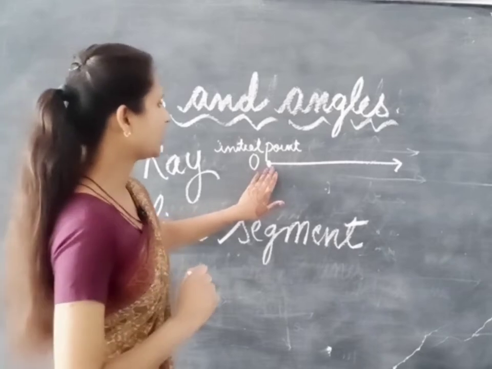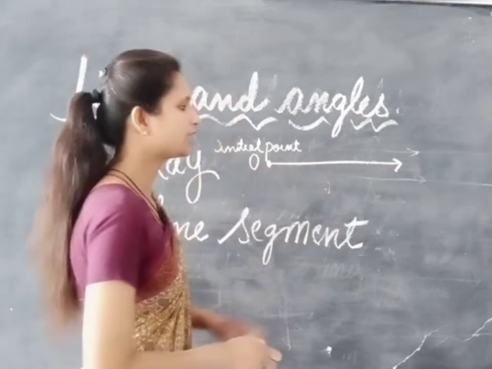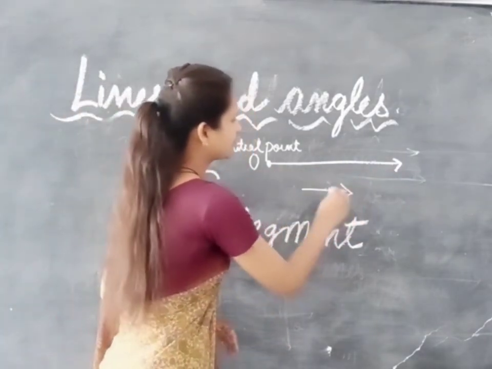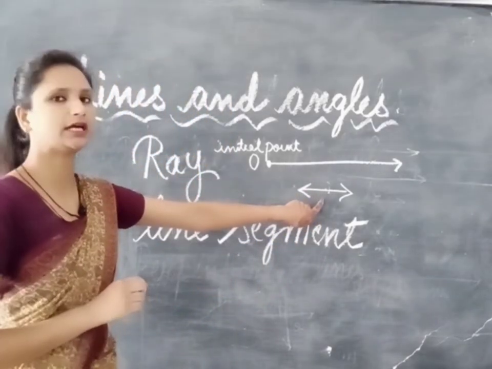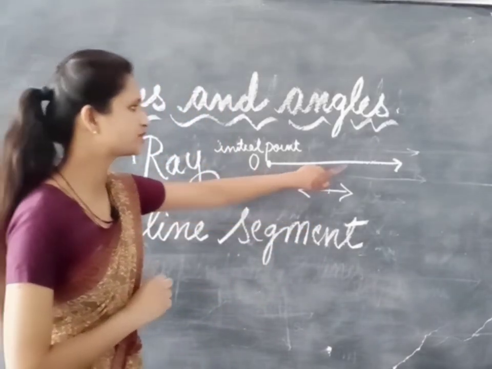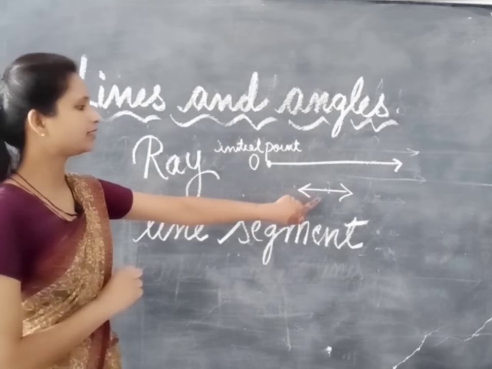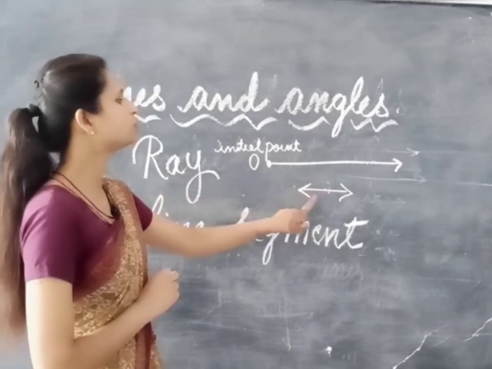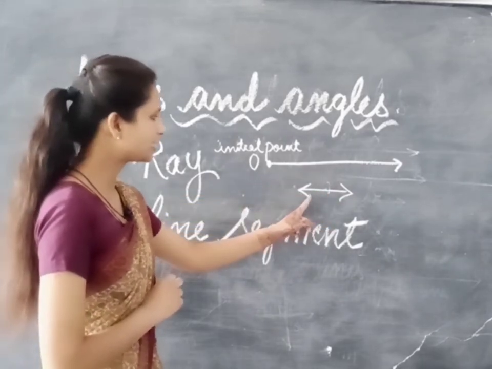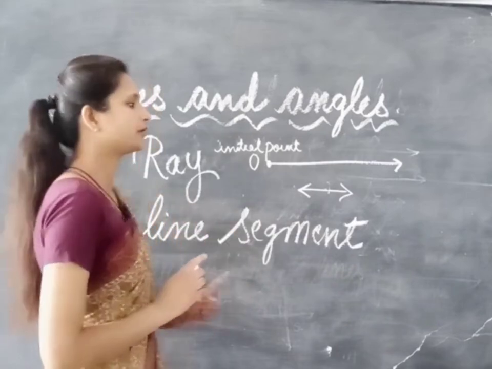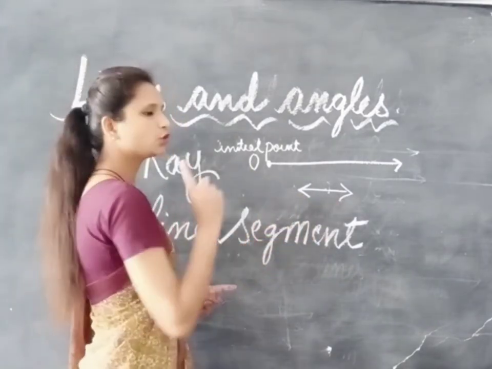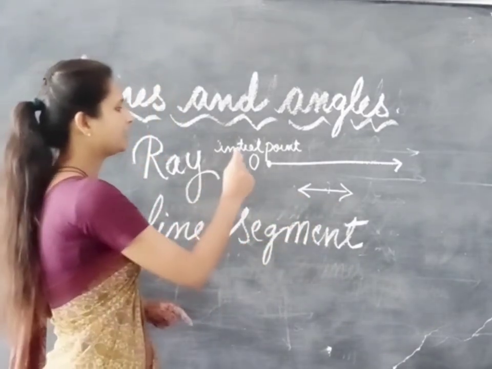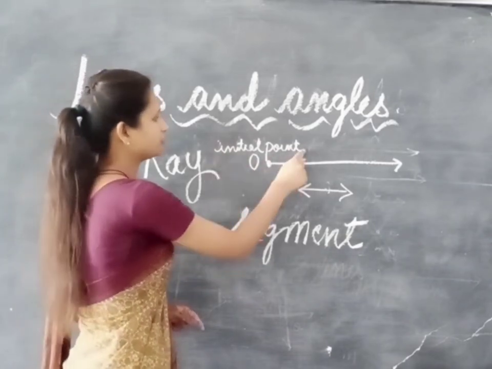A ray moves in only one direction and a line moves in both directions, and a line has no initial point. A ray has an initial point.